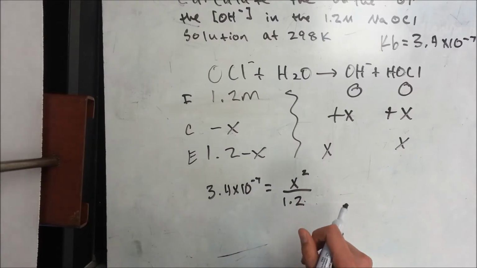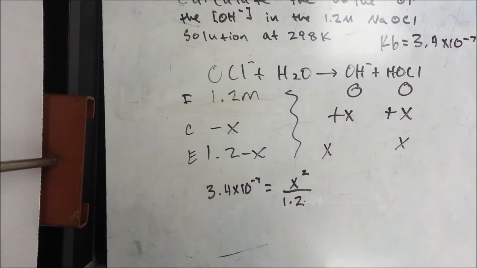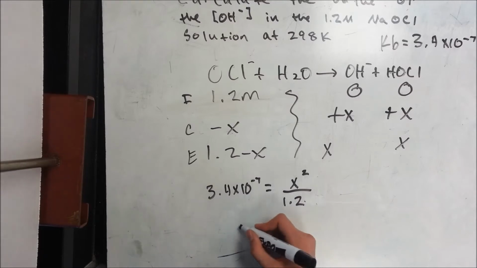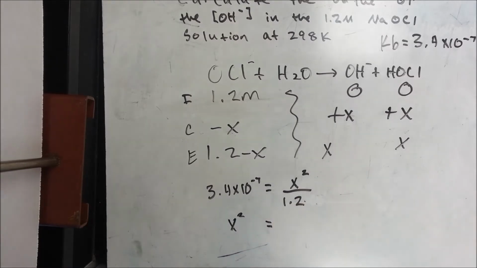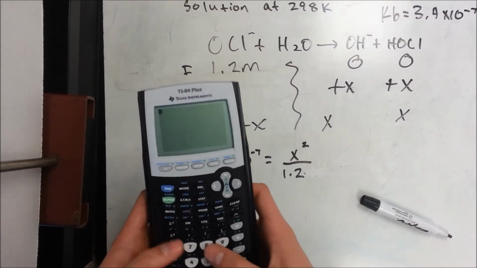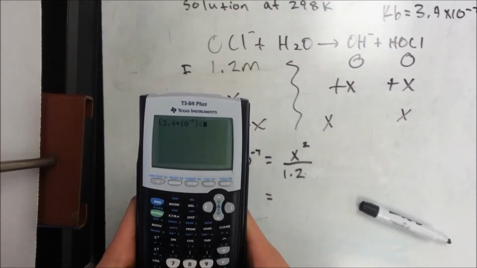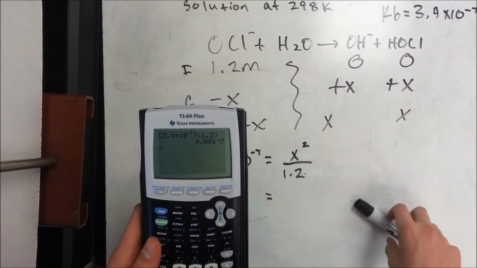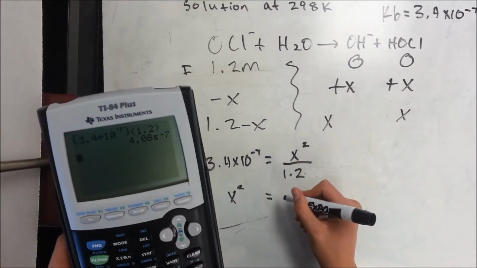We multiply 3.4 times 10 to the negative 7th by 1.2, and we end up with X squared. I have my calculator now: 3.4 times 10 to the negative 7th multiplied by 1.2 gives a value for X squared equal to 4.08 times 10 to the negative 7th.